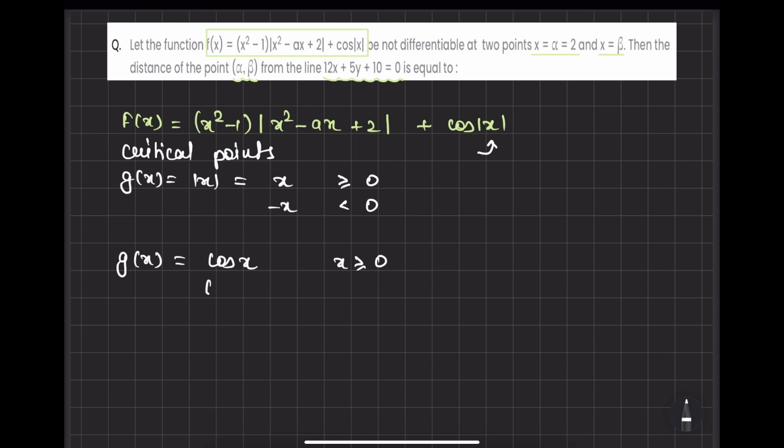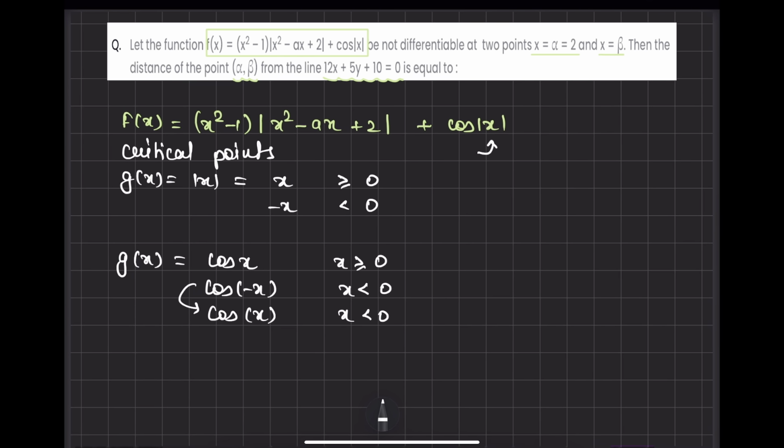And cos of minus x for x less than 0, don't you think that this definition will be upgraded and will look like cos x for x less than 0? So the cos function does not reflect any kind of deviation, meaning the cos function is differentiable everywhere.